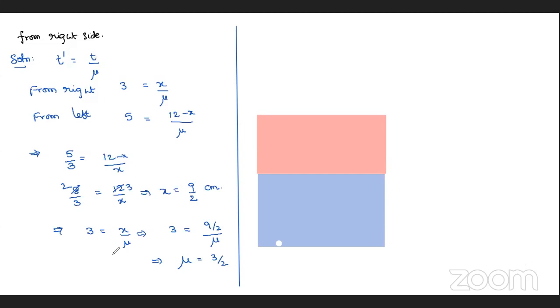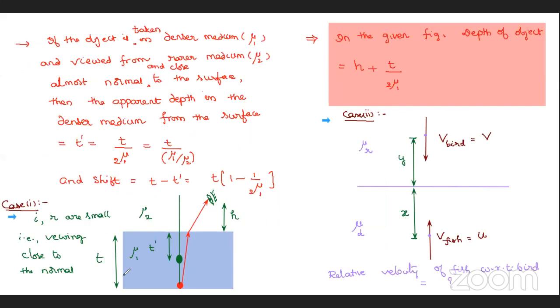One more point. Here we are taking t as the thickness of the glass slab. Why is T in the formula even the thickness of the glass slab? The coin is placed at the bottom of this one. At the bottom, T is practically the real depth, the original depth of the object.